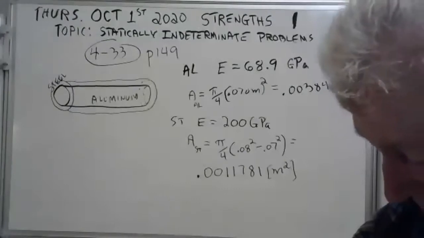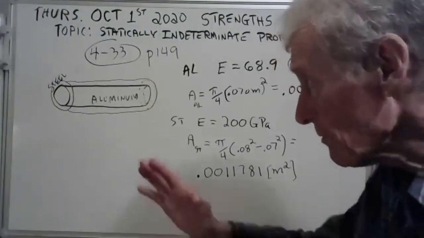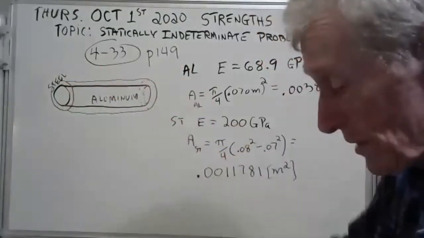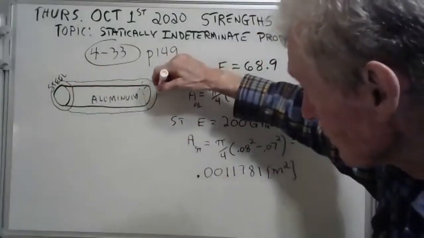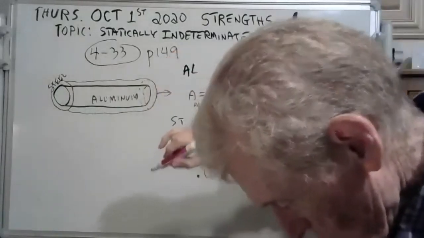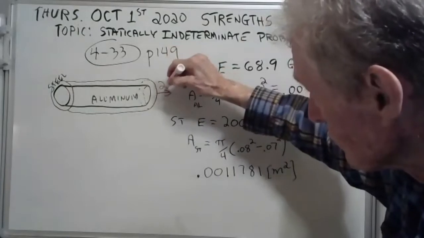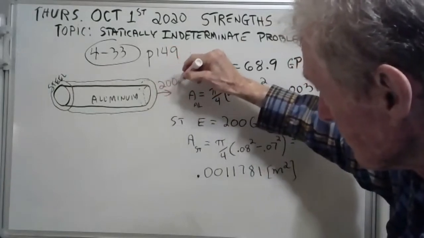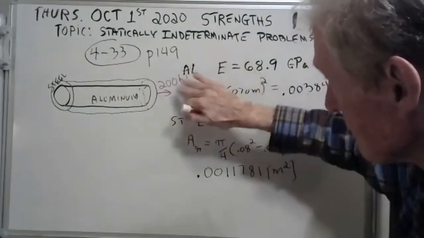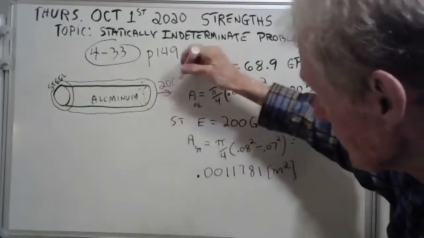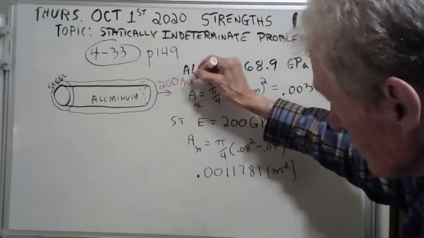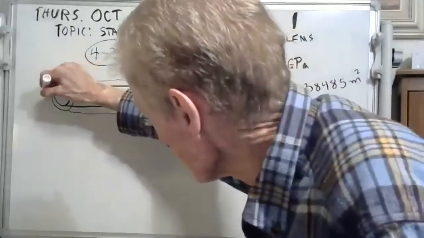Now let's put these forces on here. Now, somehow, I don't know how they did this. Maybe they welded a plate on both ends. But somehow they're applying a force of 200 kilonewtons to both ends.